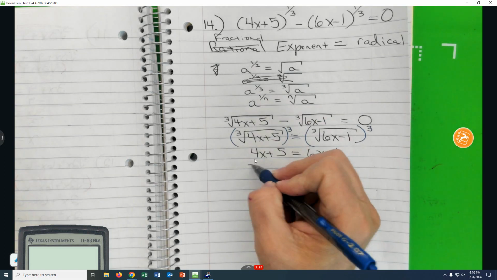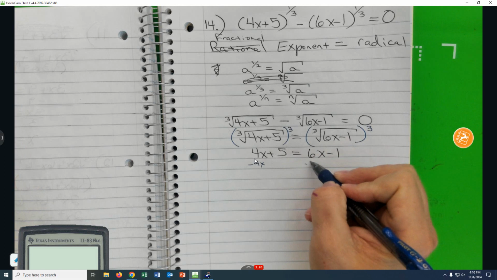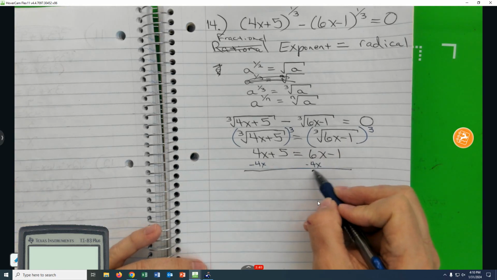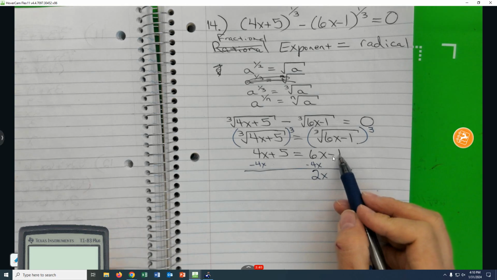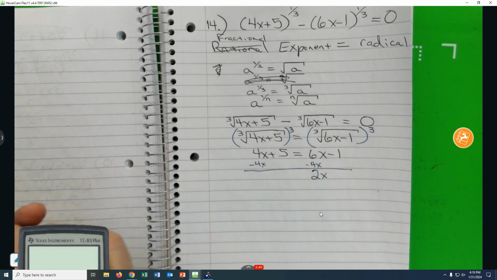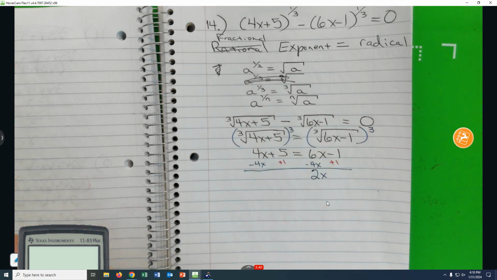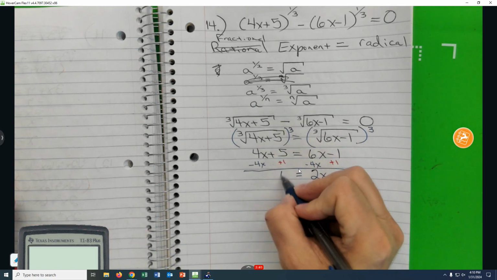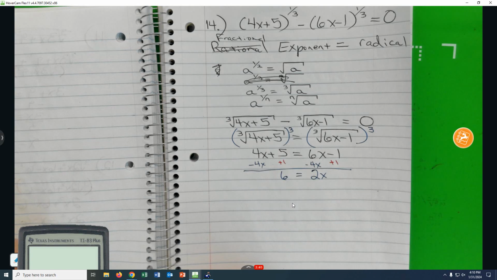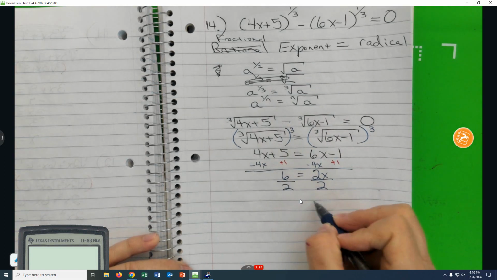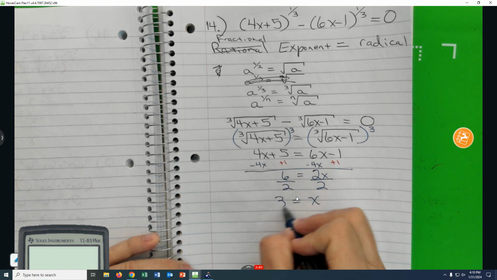So we subtract 4x, and what's that going to give us? Right here, 2x. Let's move this constant over by doing what? Adding the 1. What's that going to give us? Well, 2x equals 6, and then? X equals 3. Okay, good. That gives us x equals 3.